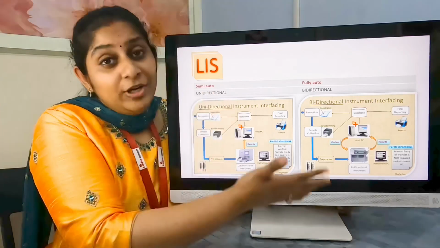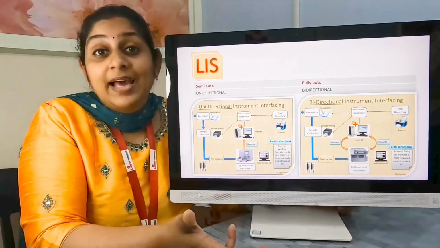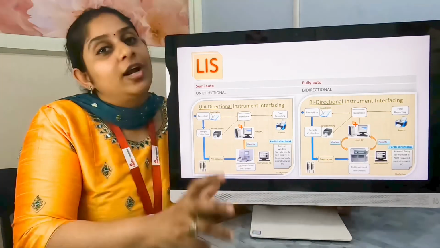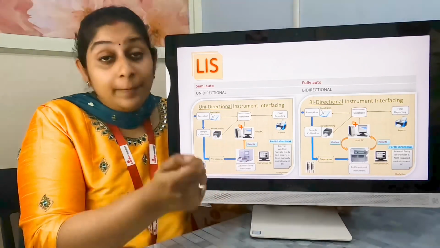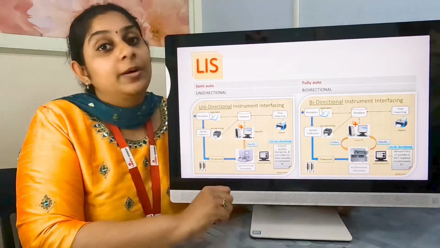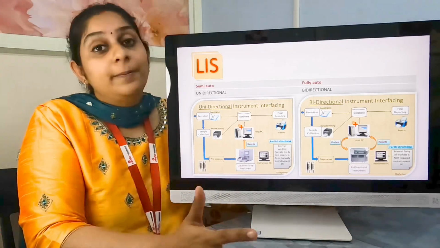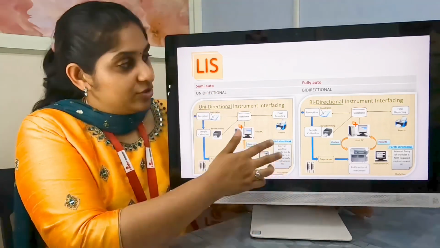All fully automated biochemistry analyzers are bidirectional. That is, the technician's job is only to load and unload the samples. Other than that, he needn't do anything. Most importantly, if the machine is a sample-barcoded automated machine, the job is much less for a technician in a fully automated biochemistry analyzer.